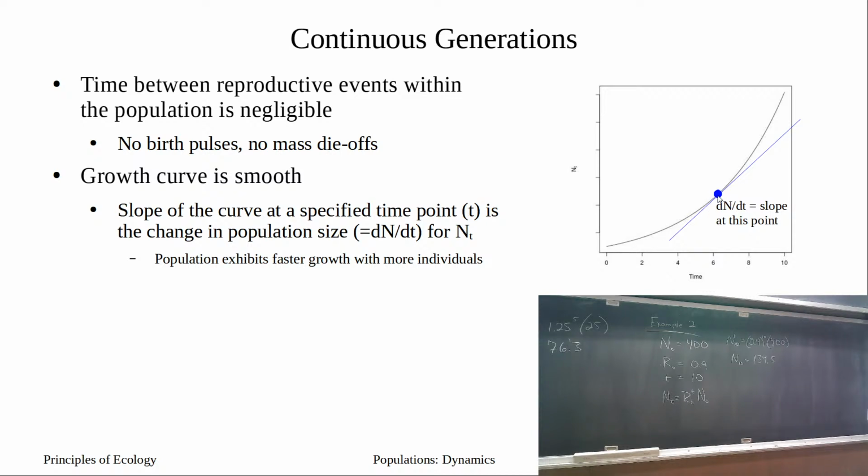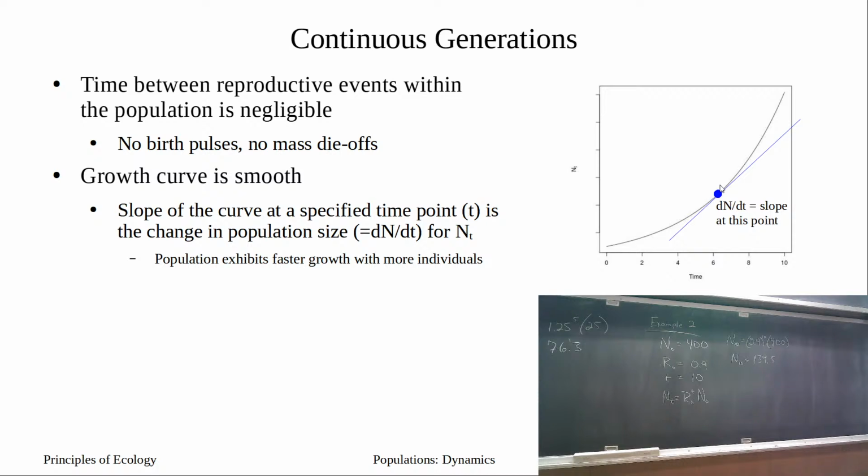We can pick any one point, and at that point, we can make a straight line that touches that curve in a single point. It doesn't touch it twice, a single point. That point is our tangent point, and it forms a tangent line. The slope of that line, which I have in blue, represents the slope of our population curve at that one point.